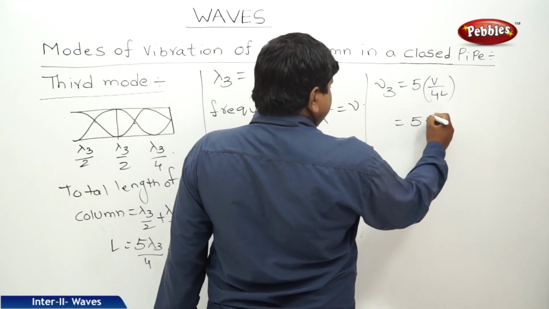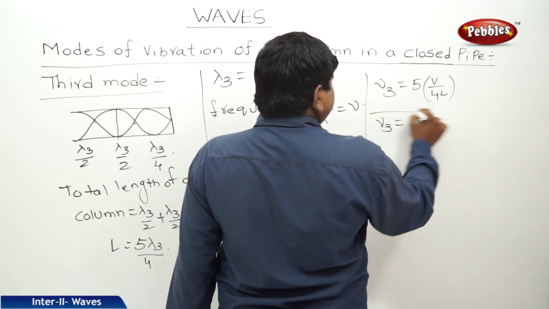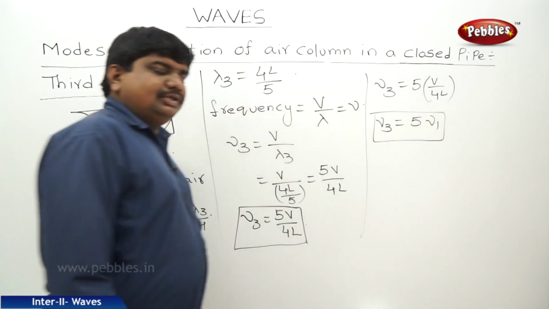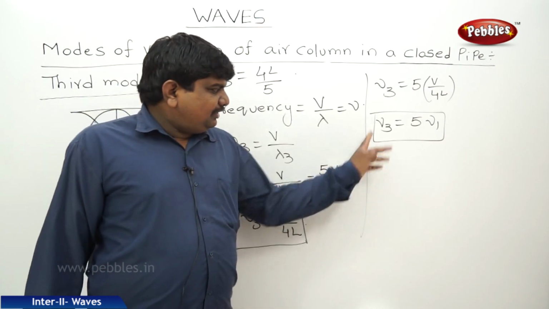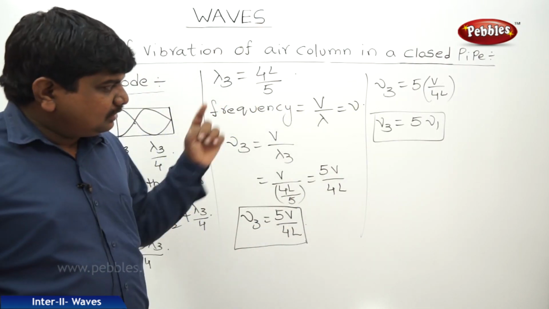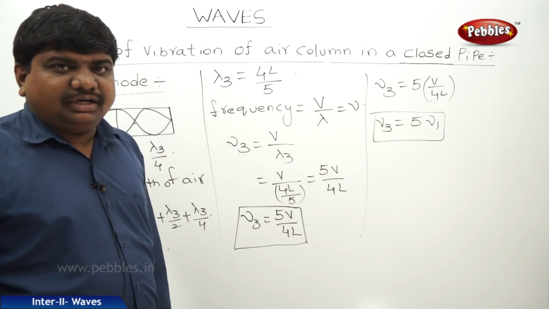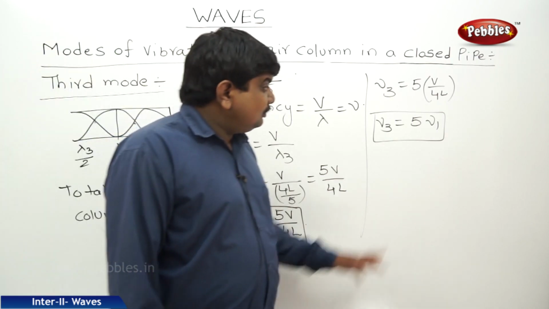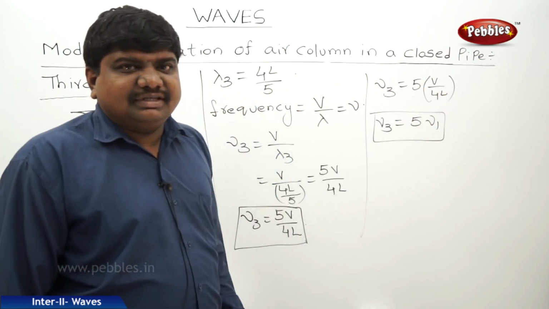This is 5ν1. So the frequency of the third harmonic, or third mode of vibration, is equal to 5 times the fundamental frequency.